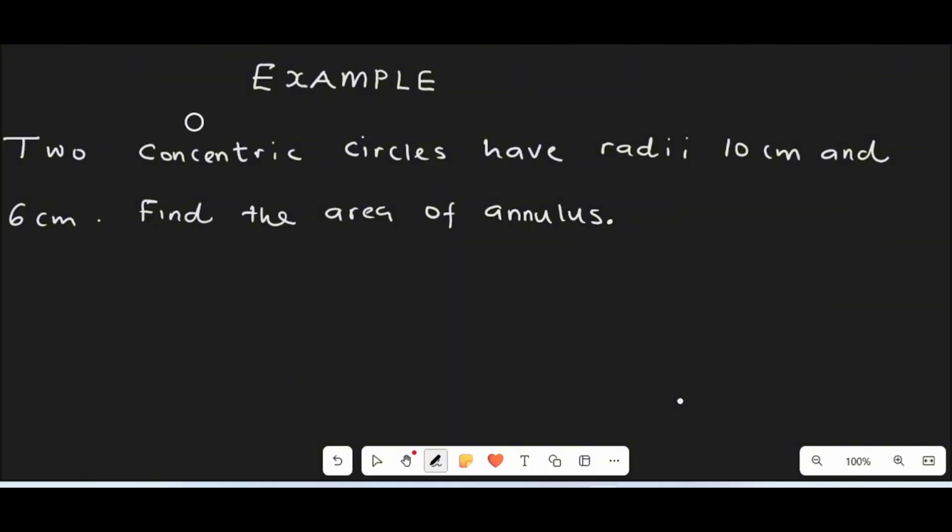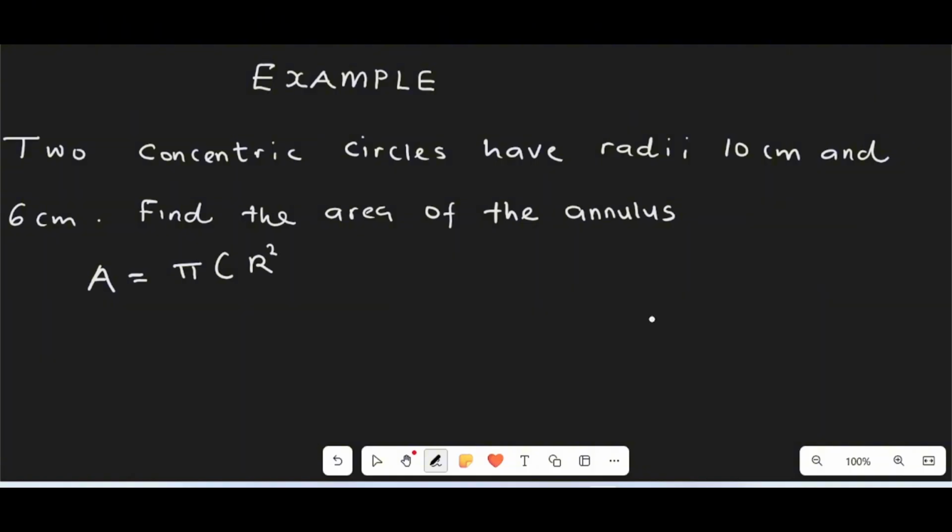Let us solve some examples. Two concentric circles have radii 10 cm and 6 cm. Find the area of the annulus. The formula for the area of an annulus is A equal to pi bracket capital R squared minus small r squared bracket.